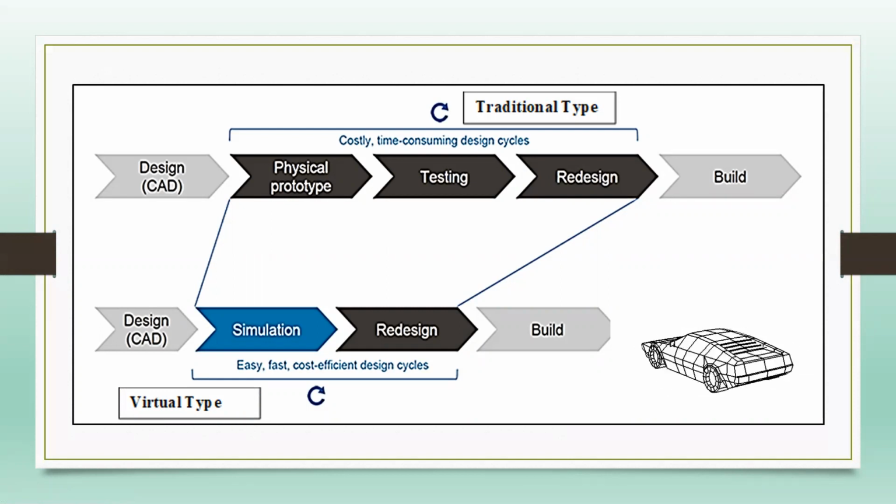The next stage is the testing stage, where testing is performed, and if it fails at this stage, again we need to go back to the design stage, make changes in the design, and again come back with a new physical prototype, and testing is made again. If it fails, the cycle repeats.